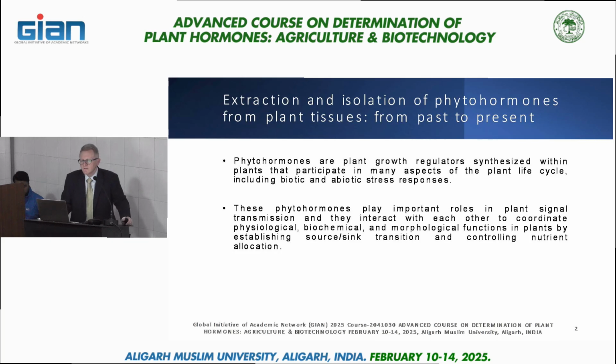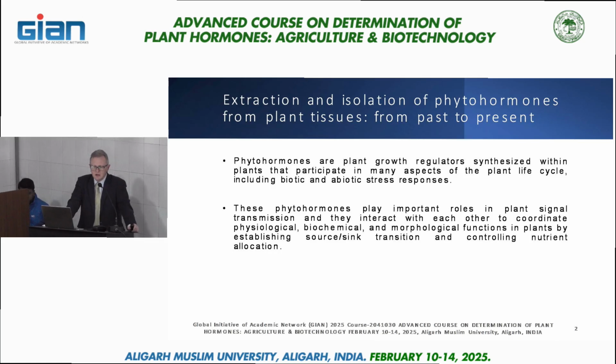Next, I would like to present that phytohormones exhibit a wide range of chemical structures. They can be broadly classified based on their biosynthetic origin. Most of them are derived from three key metabolic precursors.